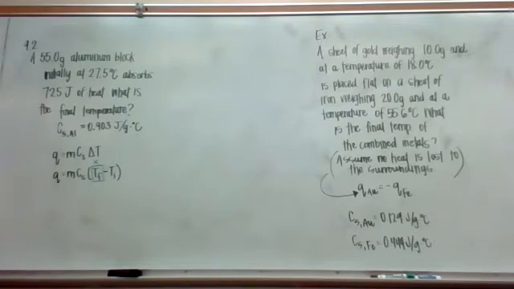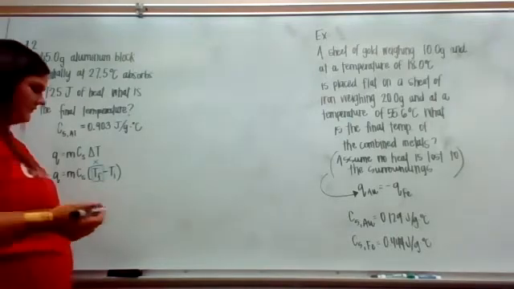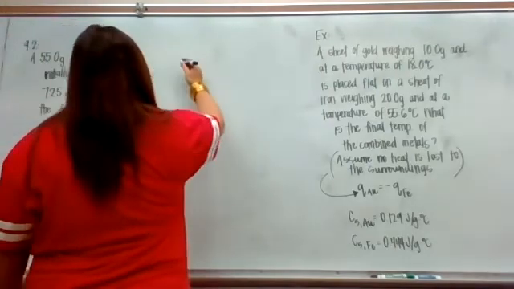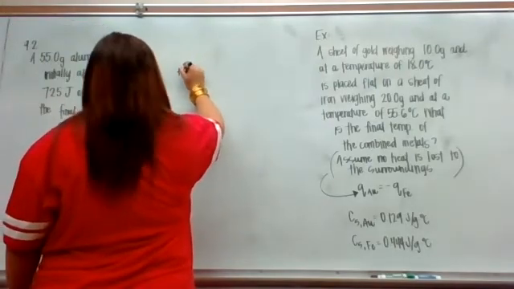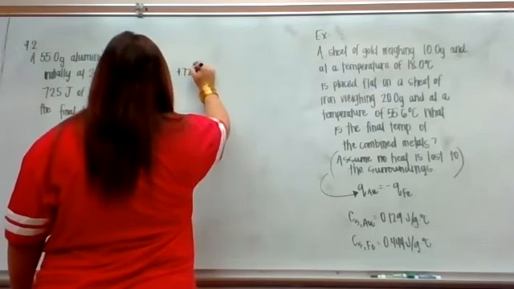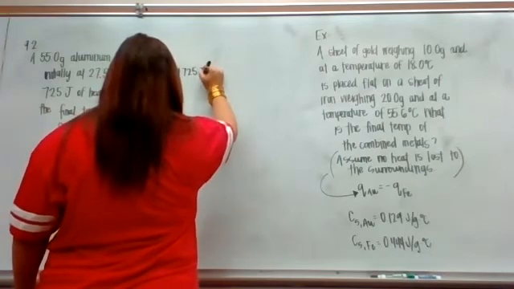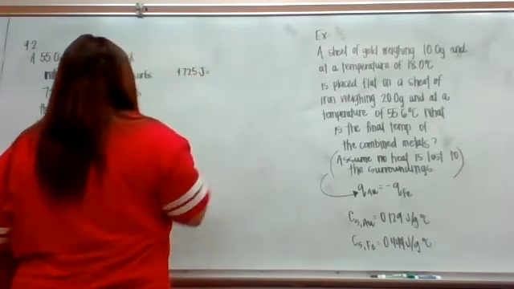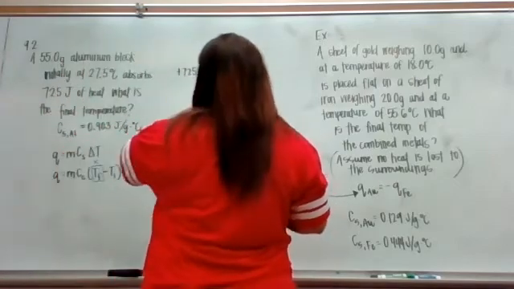It says that this aluminum block absorbs 725 joules of heat. So would that be positive or negative? Positive, because it's absorbing. It's taking in. So that's my Q.